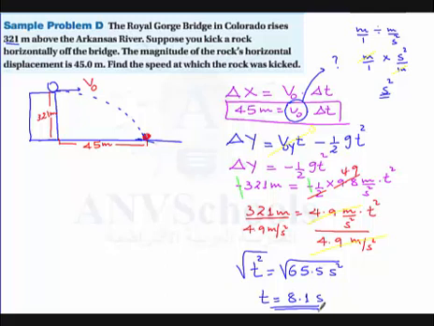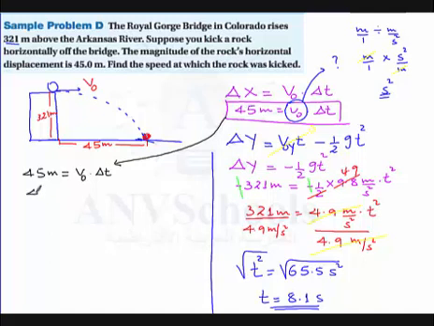Once we find t, it is very easy to calculate the initial speed with which the rock was kicked, that is V naught x. Take this formula: 45 meters is equal to V naught multiplied by the time interval delta t. Substituting the time, 45 is equal to V naught multiplied by 8.1 seconds.